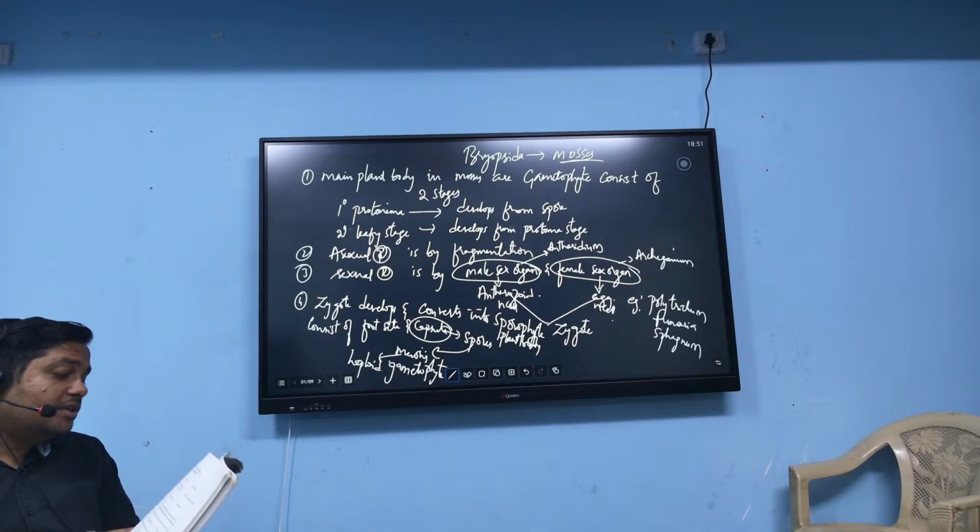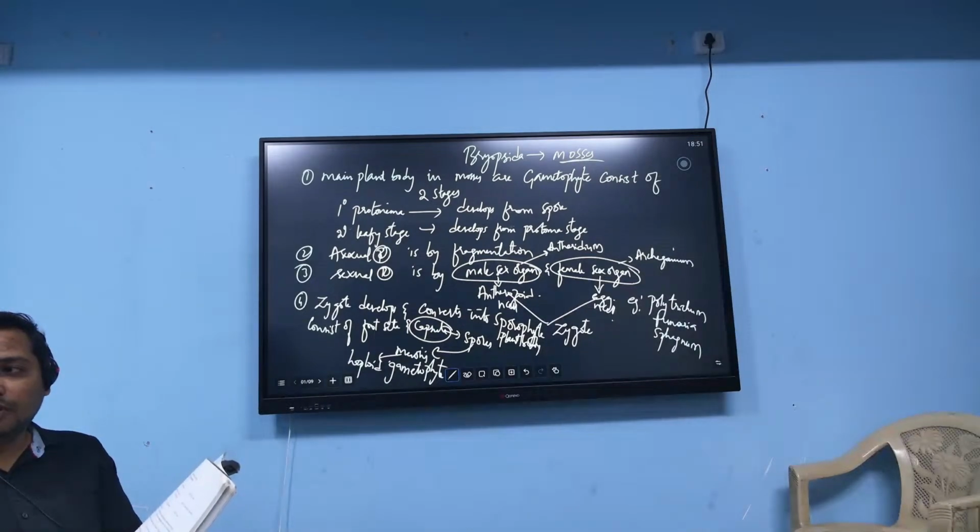Which is the special character we studied in angiosperm last class? If you take bryophytes, pteridophytes, gymnosperm, thallophytes and angiosperm, all are showing two phases of life cycle, gametophytic phase and sporophytic phase.